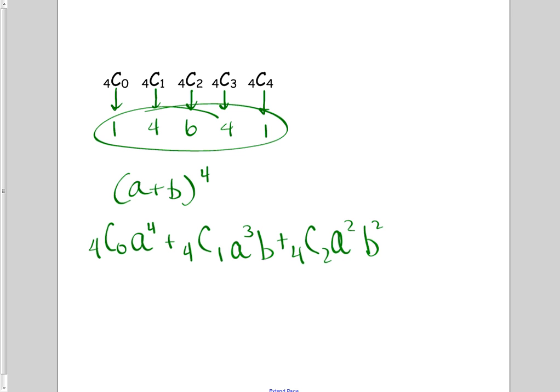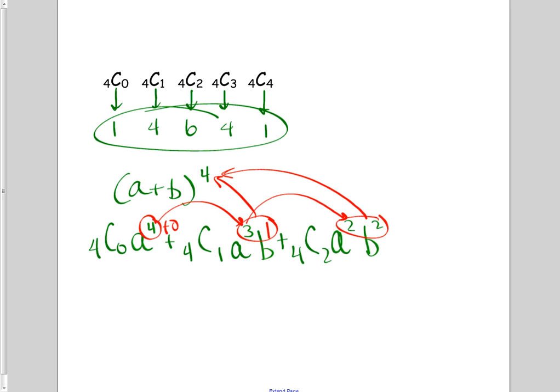With each term, the exponent of a drops, but when I add the exponents together, it always has to give me 4 back again. That 2 plus 2 is 4, and that 4 plus the 0 on the b is 4.